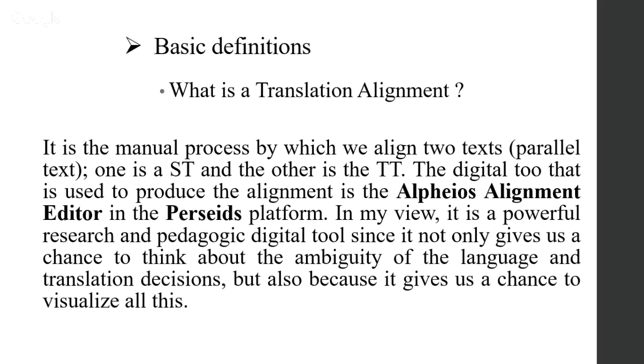In my view, it is a powerful research and pedagogic digital tool, since it not only gives us a chance to think about the ambiguity of the language and translation decisions, but also gives us a chance to visualize this, to represent this.